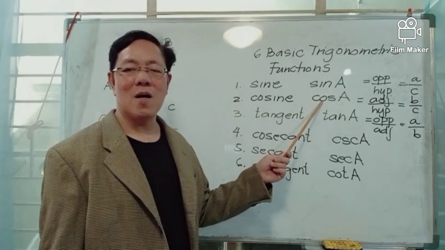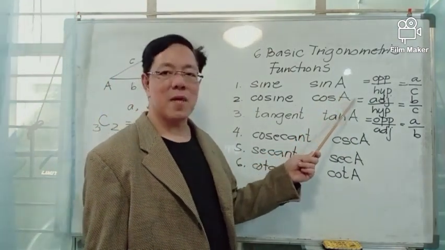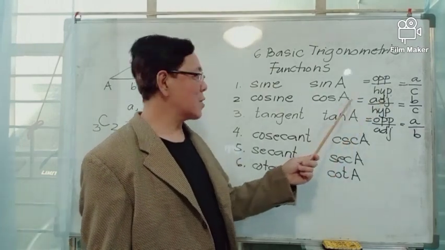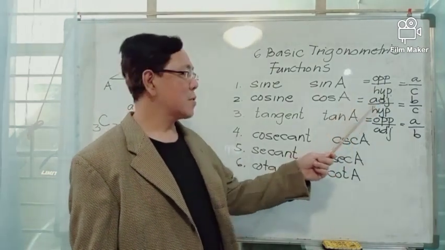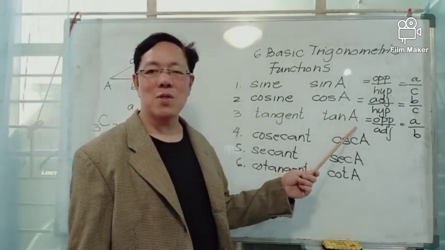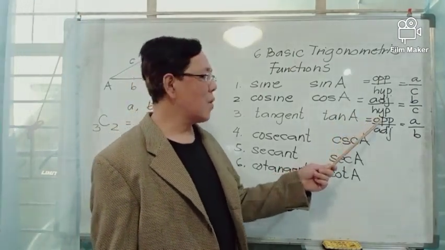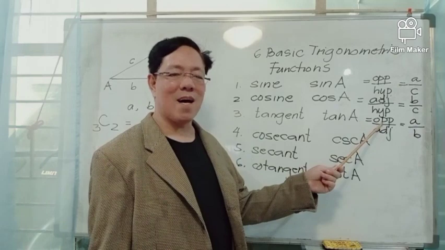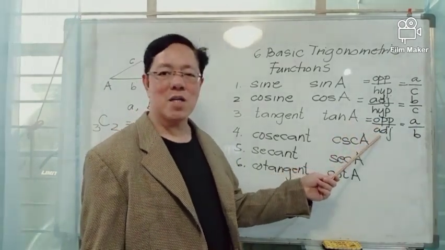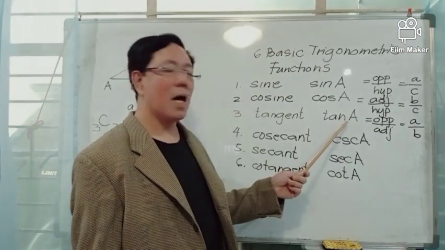The cosine of an acute angle A is defined as the ratio of the side adjacent to the acute angle A to the hypotenuse. And the tangent of the acute angle A is the ratio of the side opposite the acute angle A to the side adjacent to acute angle A.